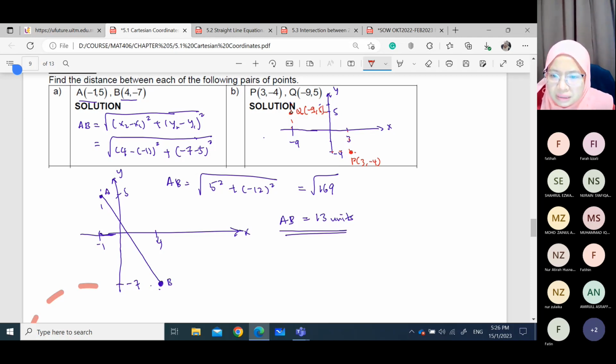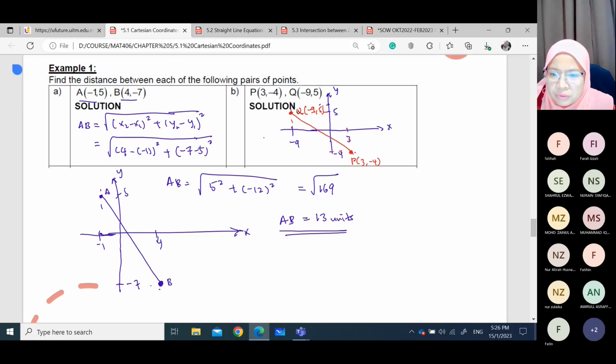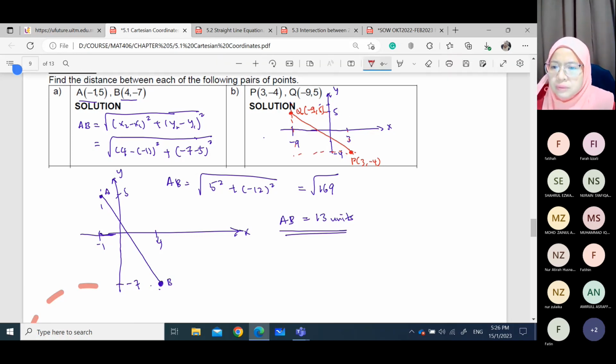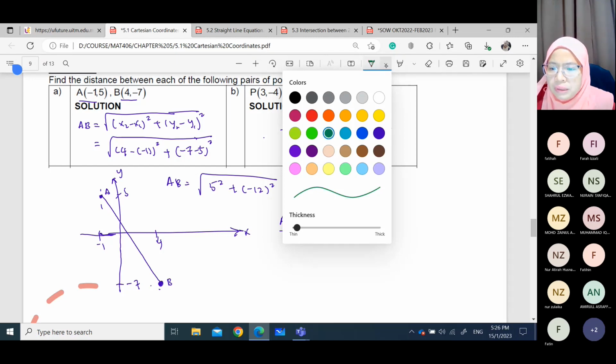Alright, so sekarang nak cari distance between P and Q. So we want to find this distance. Okay, so gunakan formula yang dia berikan.